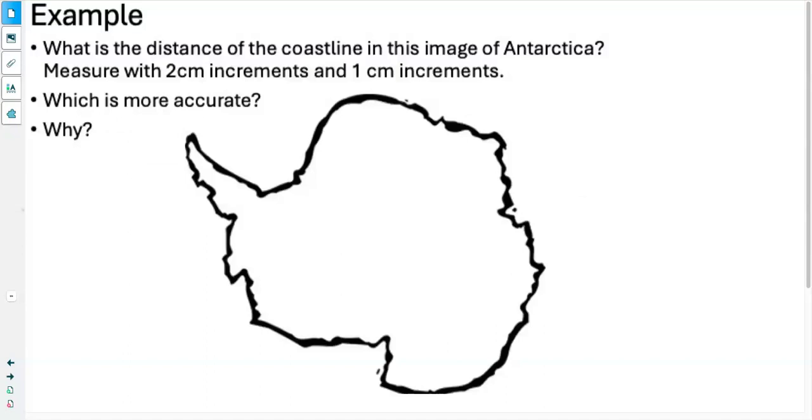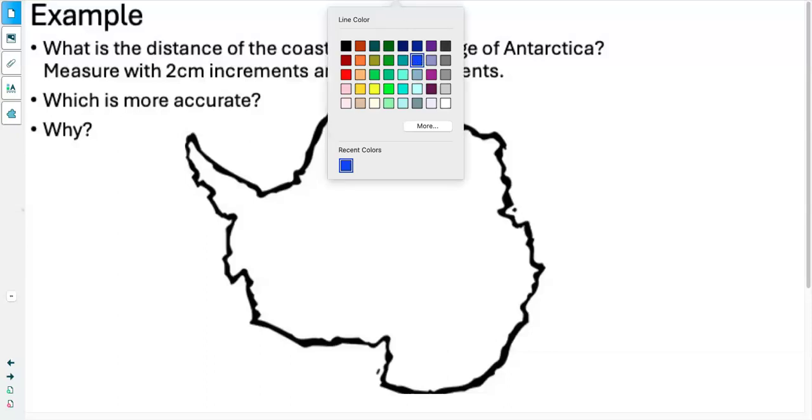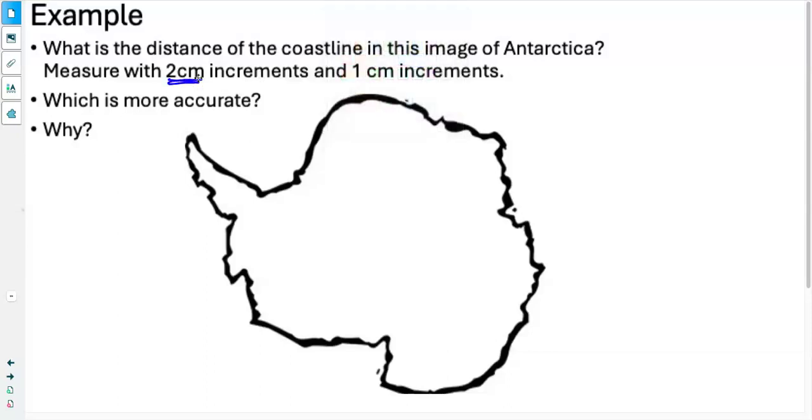So let's find what the distance of the coastline of this image of Antarctica would be if we measure in 2 centimeter increments as well as 1 centimeter increments. I'll do these in different colors so it's easier to see. We'll start by doing our 2 centimeter increments in blue.